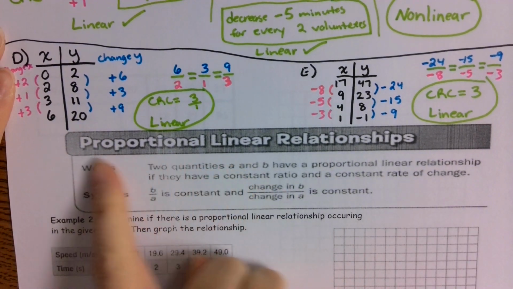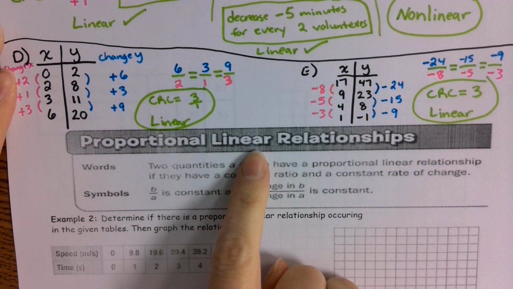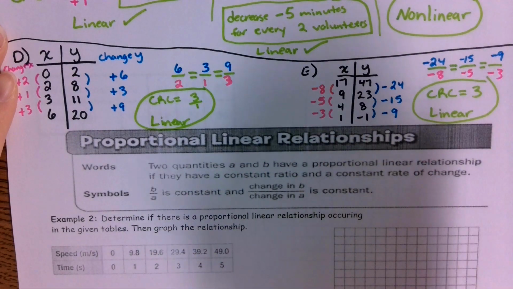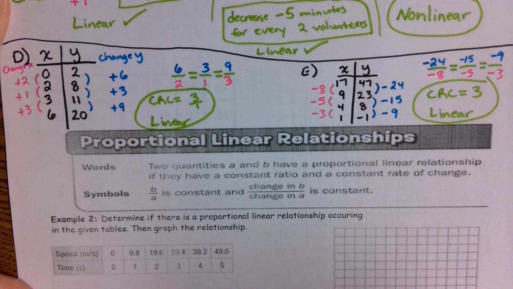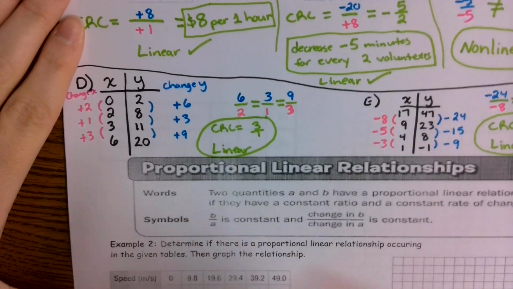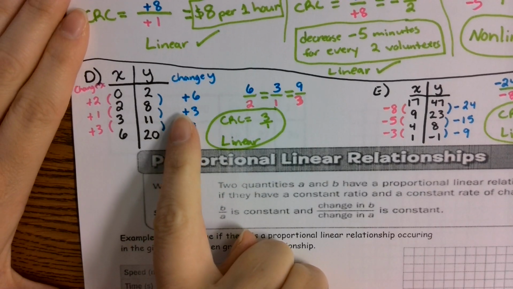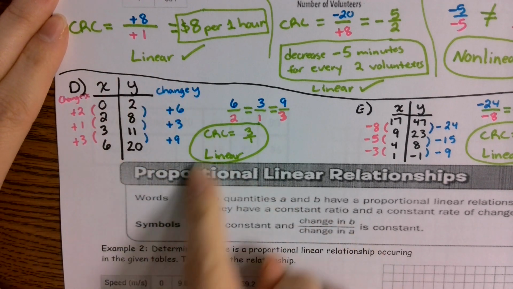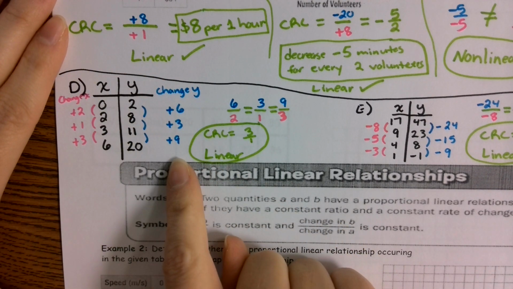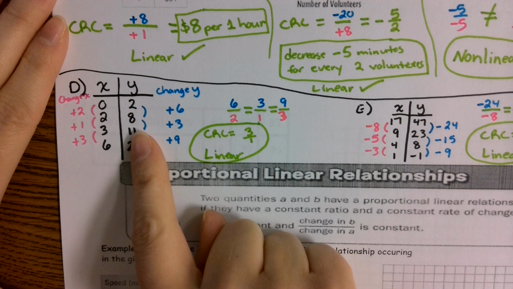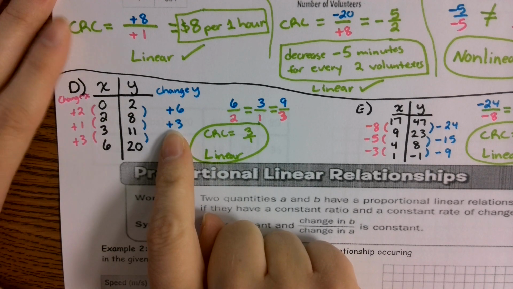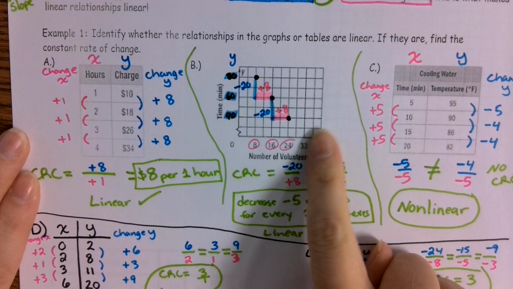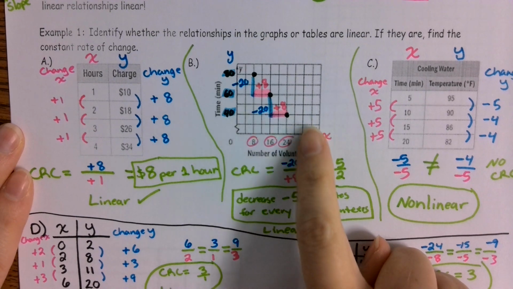All of your proportional relationships are going to be linear, but not all of your linear relationships are going to be proportional. For example, right here, I can tell you right off the bat, this is not a proportional relationship. It's linear, but it's not proportional. This is also not a proportional relationship.